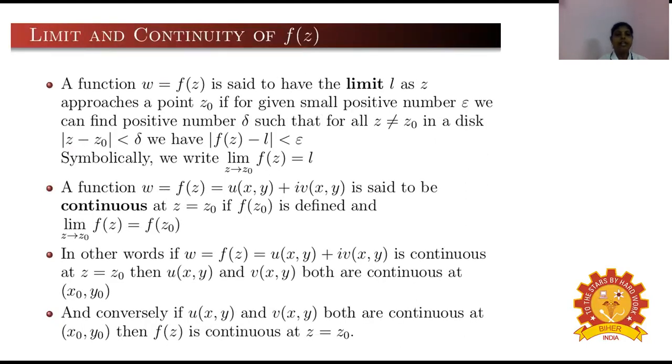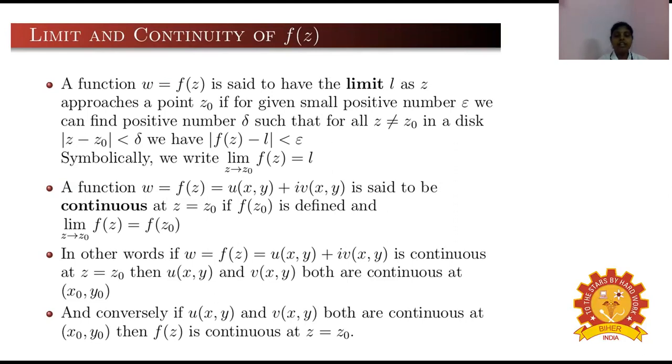Next, limit and continuity of f of z. A function w equal to f of z is said to have the limit L as z approaches a point z0 if for a given small positive number epsilon, we can find a positive number delta such that for all z not equal to z0 in a disk, modulus of z minus z0 less than delta, we have modulus of f of z minus L less than epsilon.